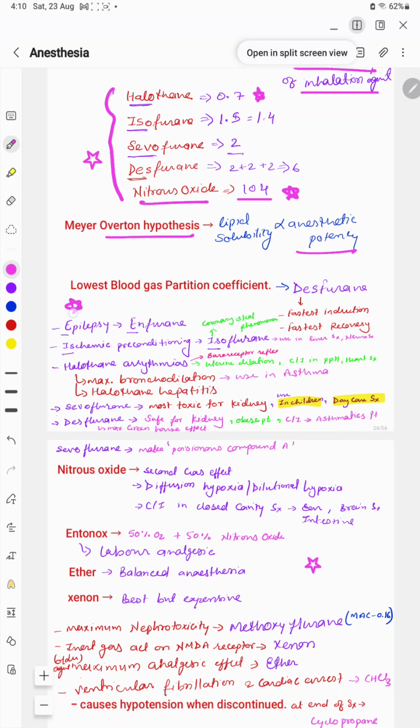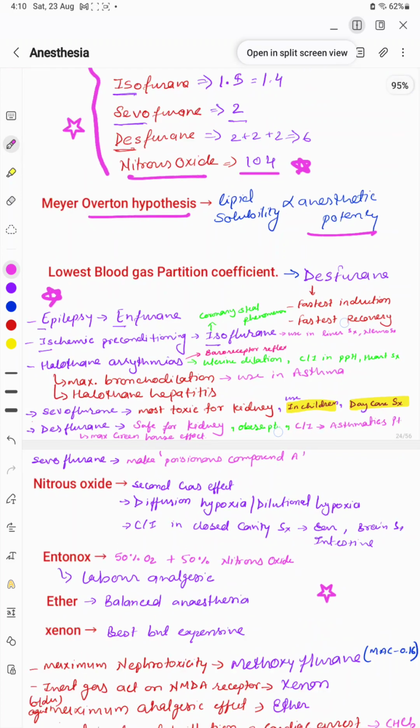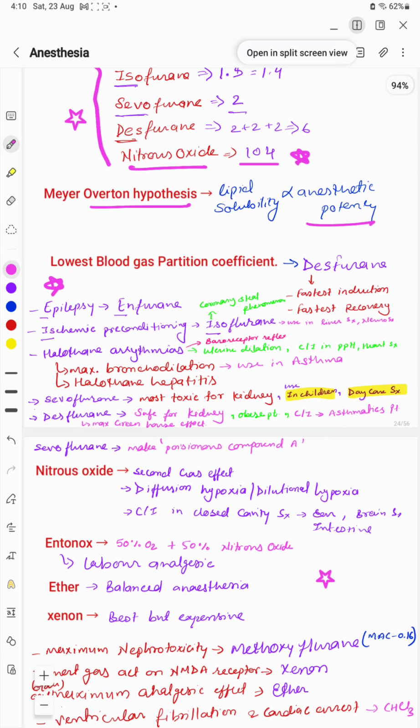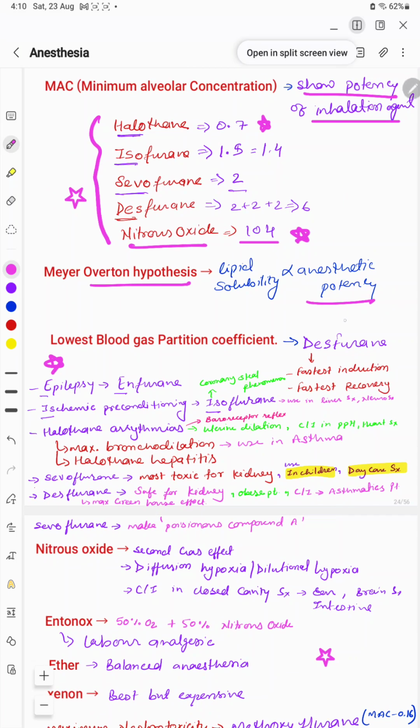And this also you need to remember. What has the lowest blood gas partition coefficient? It is desflurane. This is the fastest induction and fastest recovery. Desflurane also has the maximum greenhouse effect.